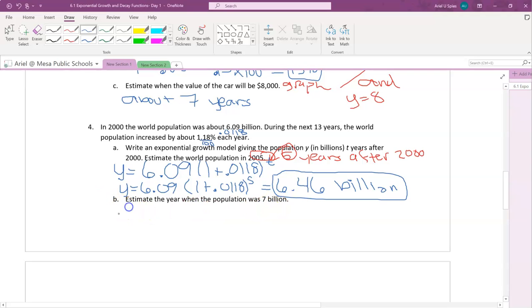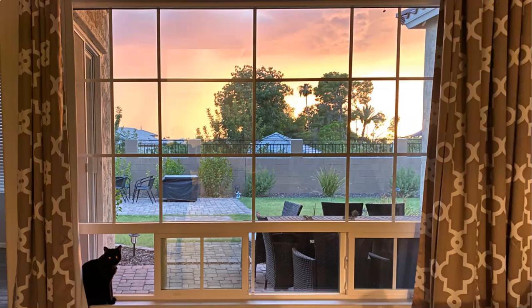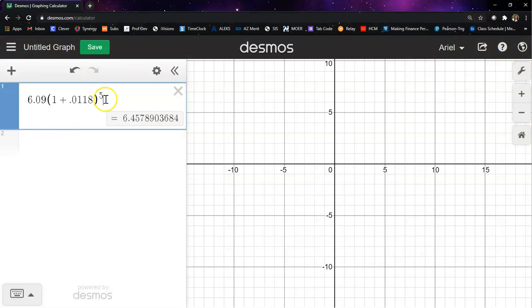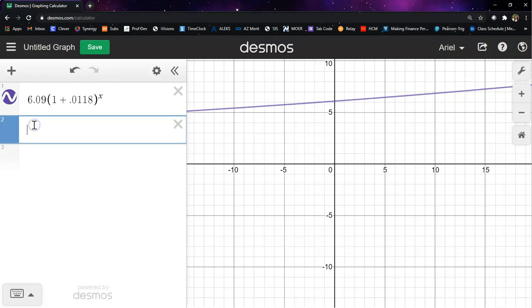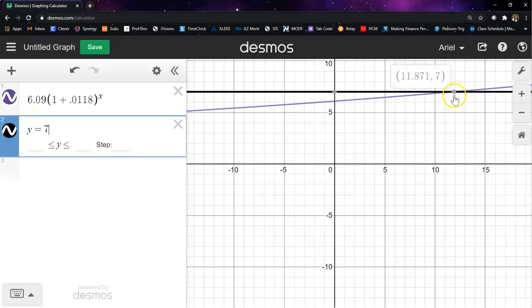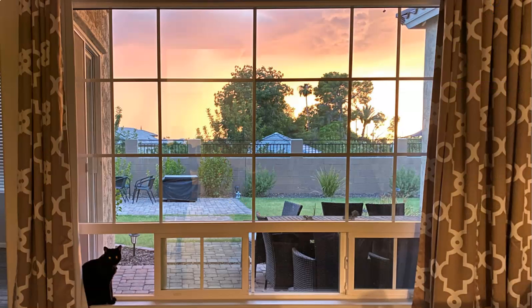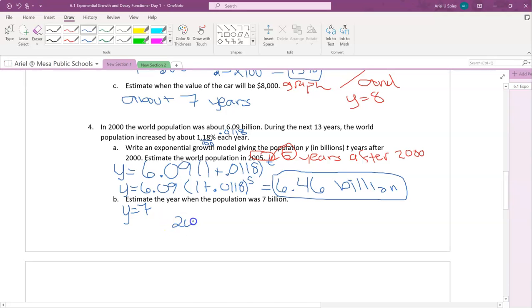So I want to graph y equals 7 and the original equation. When I do it in decimals, I need to do x's instead of t's. So if I click on the dot where they cross, it's 11.8, so about 12. So 2012.